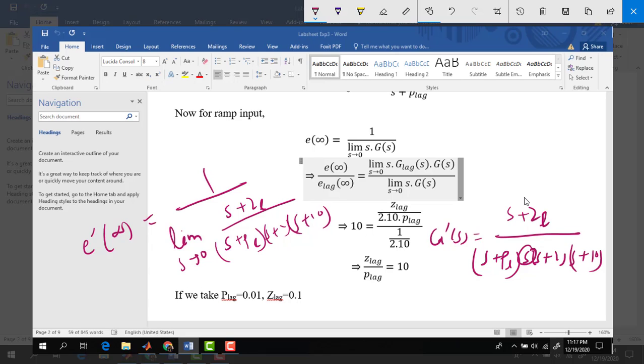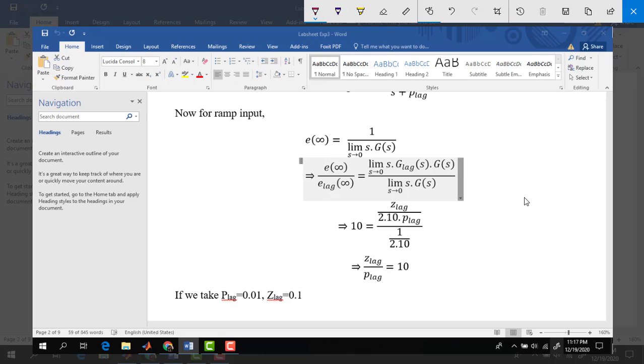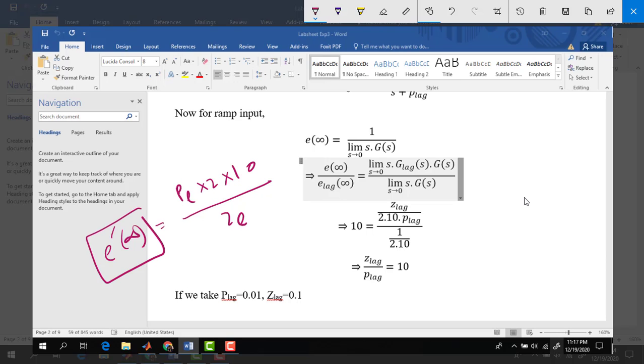If I put the limit, s will be gone because s is 0, and we get p lag times 2 times 10 by z lag. This is again 2, as we have already determined. So 2 is cancelled out, and finally we get that z lag by p lag is equal to 10.